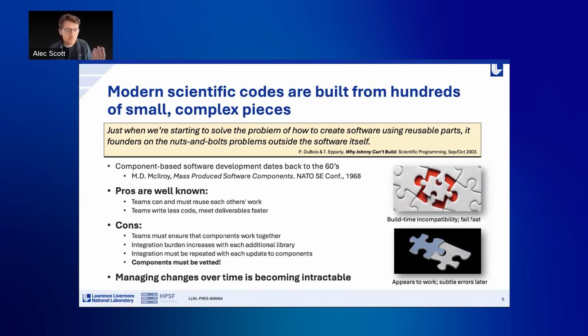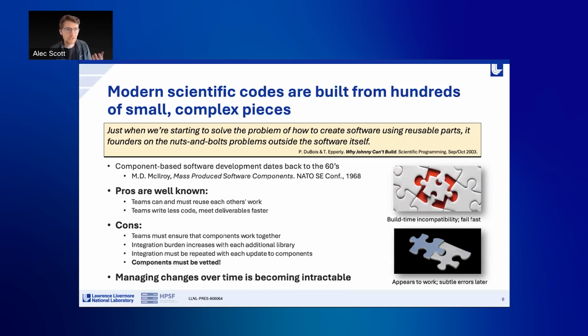And the problem with that really is trying to integrate all of these libraries, all of these pieces of software into a coherent large scale application, like some of our physics simulations at the lab.